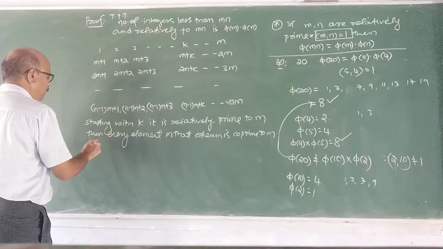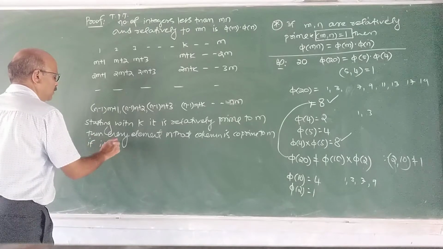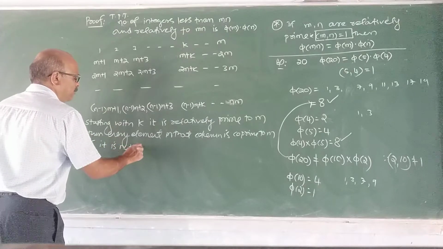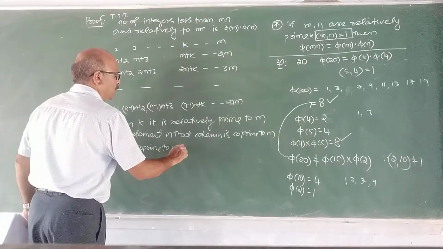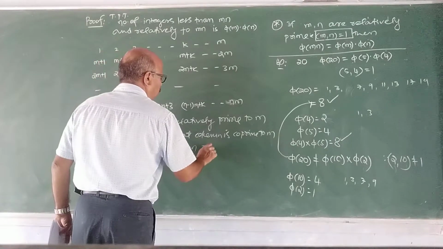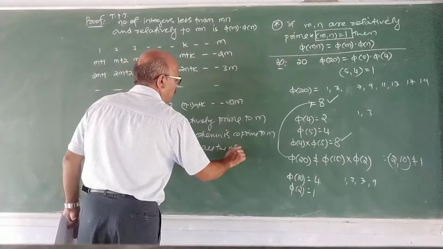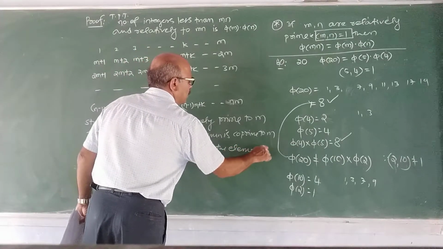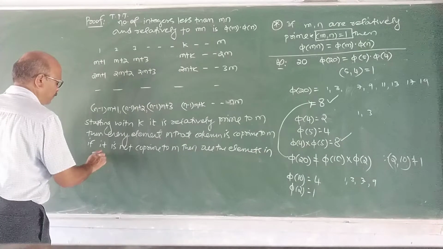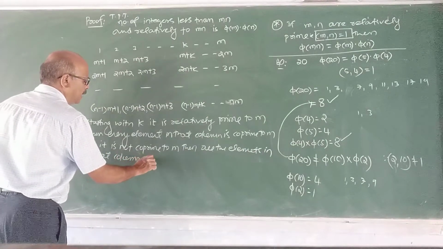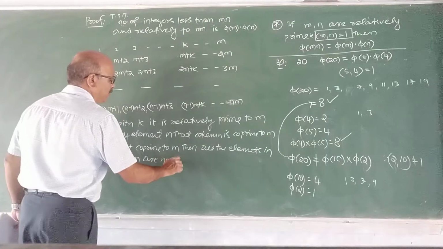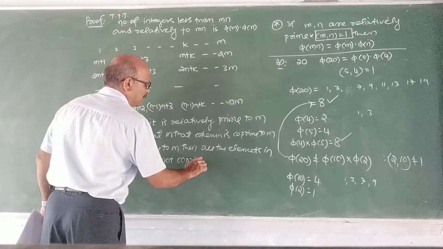If it is not co-prime to m, then all the elements in that column are not co-prime to m. First result it is.